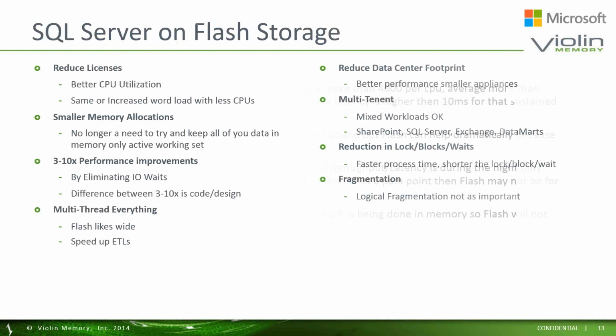Smaller memory allocations. Before, the idea was you move as much of your data into memory as possible. Now, since you're actually operating at near memory speeds, you can reduce your memory footprint to what is usable. For data warehouse, you still want to have a large memory footprint, just because you're swapping things out very quickly.